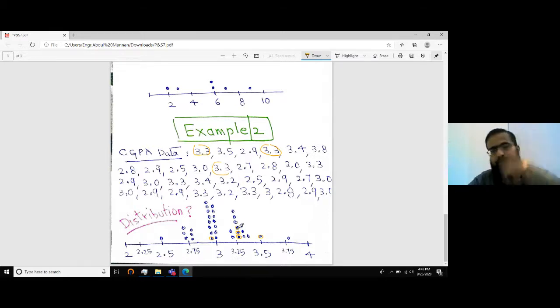So this gives us an idea about the distribution: most of the students in the class are between 3 and maybe 3.3. So the majority of the class is between 2.9 and 3.3.